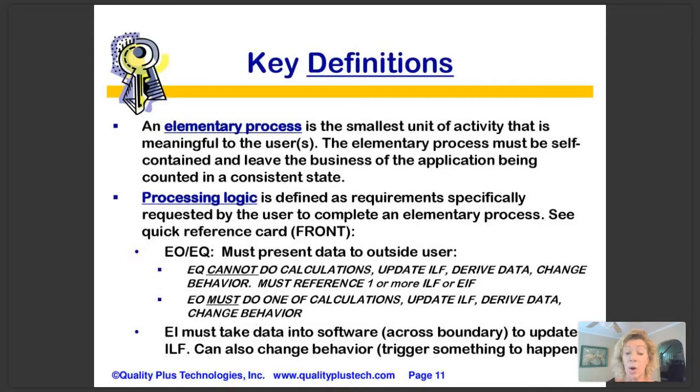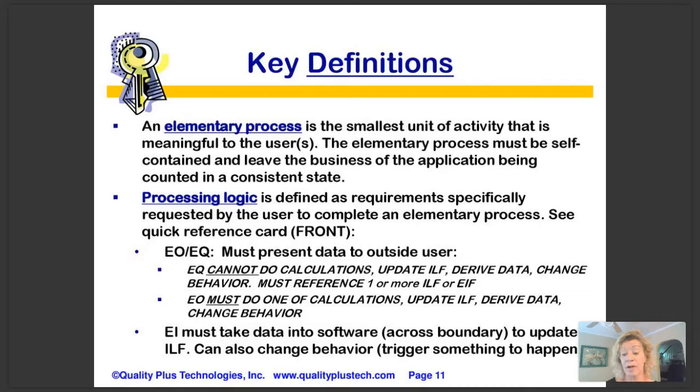Now, an EO, external output, must have either one calculation and or update an ILF or derive data or change the behavior of the system. An EO sends data outside the boundary, but it must do one of these things. So if you're presented with a report and there's a calculation on the report, you know it must be an EO.